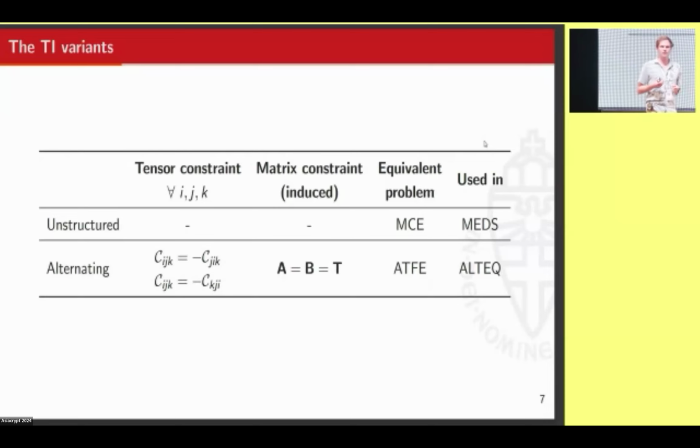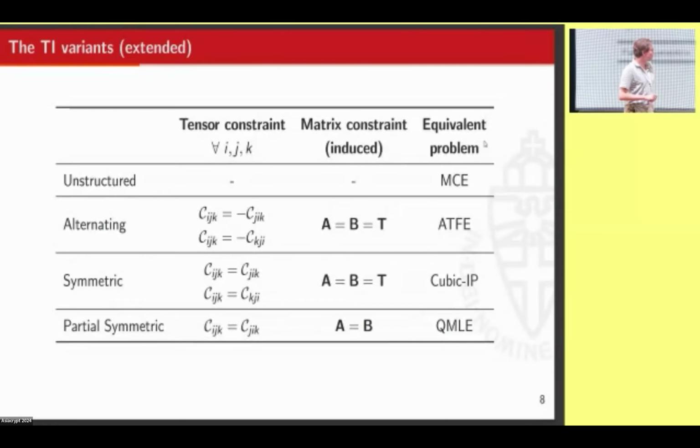And the matrix code equivalence problem is basically tensor isomorphism, but without choosing a basis. Or tensor isomorphism is choosing a basis of the matrix codes, basically. And then the alternating case is equivalent to the alternating trilinear form equivalence problem. And these are indeed used in cryptography. There are two more variants that aren't used, which are the symmetric and the partial symmetric tensors.